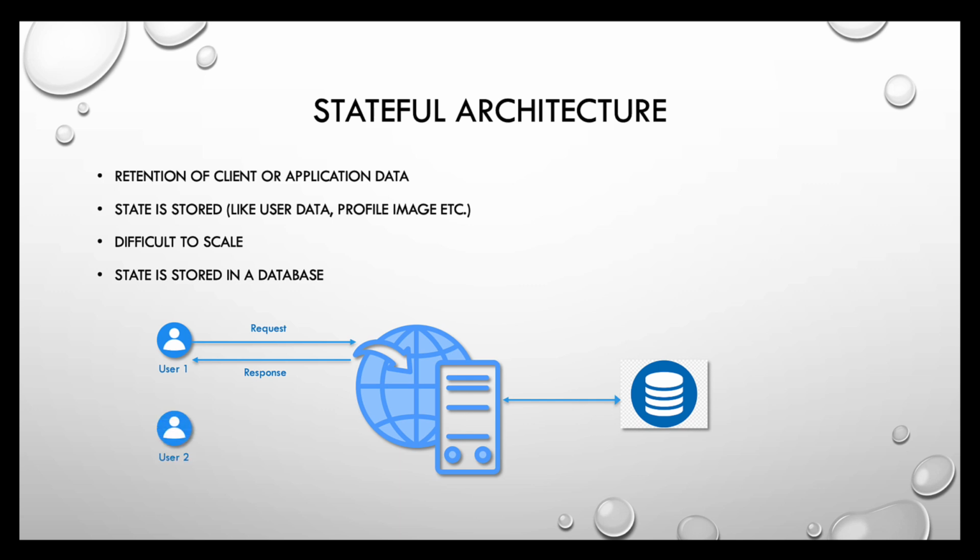The web server would be able to identify this user as compared to user 1, because for both users the state is stored in the database, and the web server is able to identify which user the request is coming from. So if user 2 sends a request, the web server would be able to identify the state from the same database because it is storing all the states, and then it could send back a response to that particular user. So that's how a stateful architecture works.